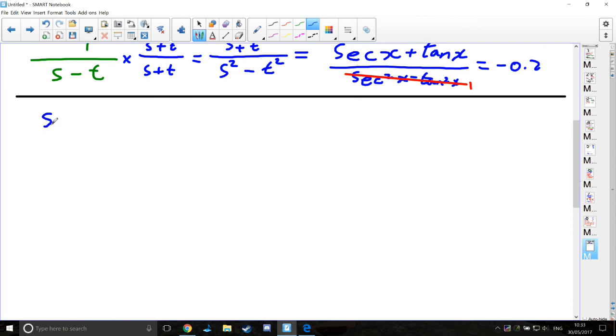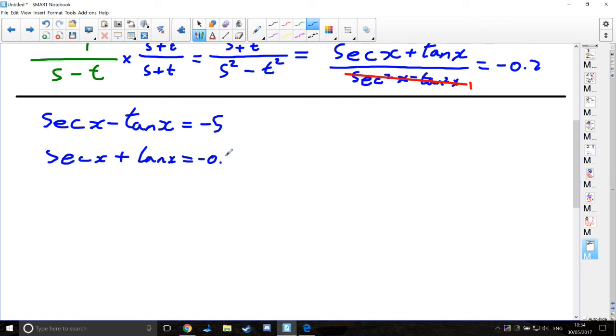So we have sec x minus tan x is negative 5. Sec x plus tan x is negative 0.2. And as I just said, we'll add these two together.